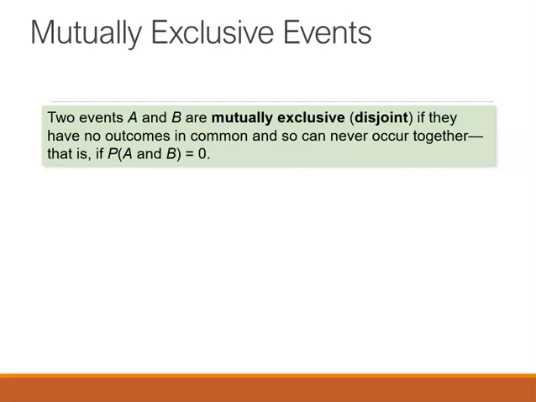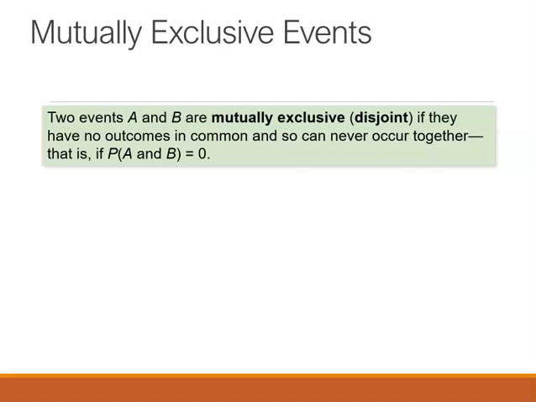That is, the probability of event A and event B occurring is 0. So for example, if we're flipping a coin, the probability of getting heads and tails on one flip is 0 because they can't happen at the same time. Those are mutually exclusive events, right?